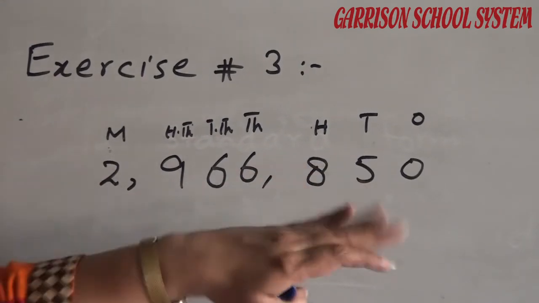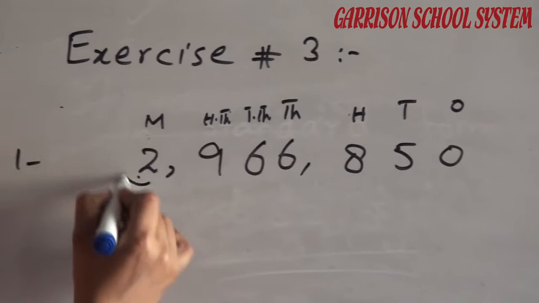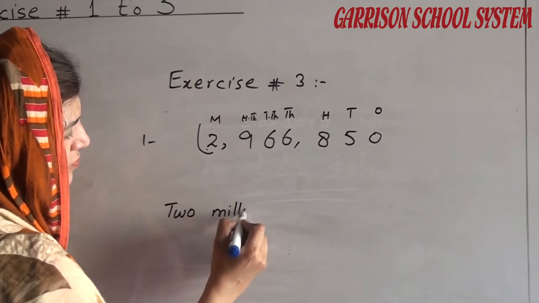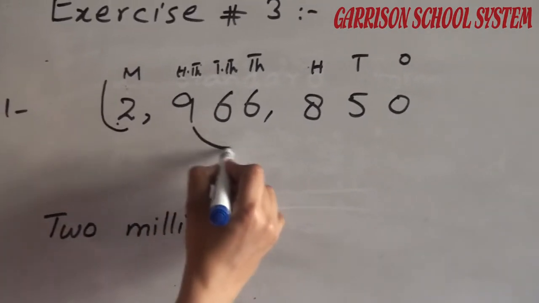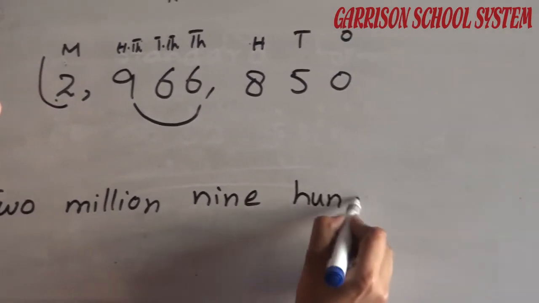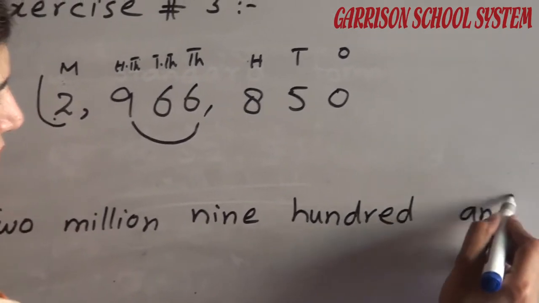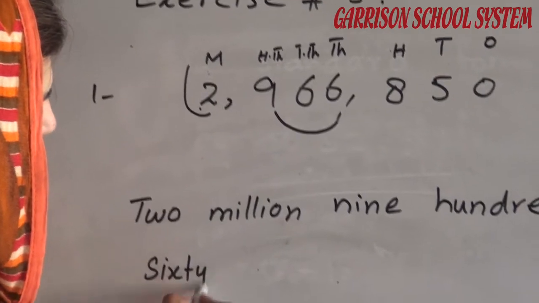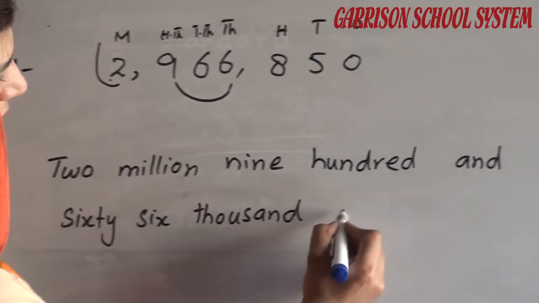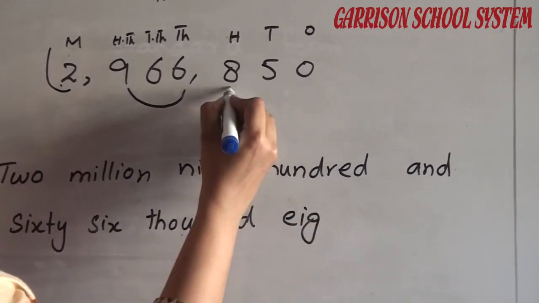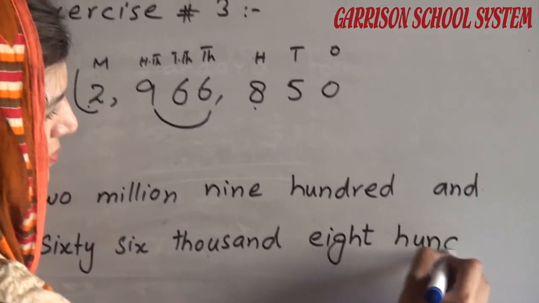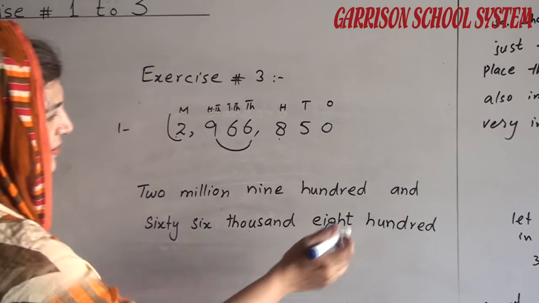So we can write in this way, 2 million 966,000 and 850, because 8 is in the 100 place.